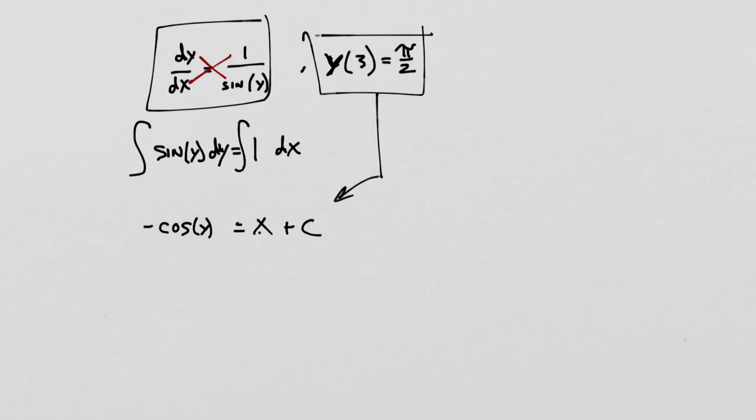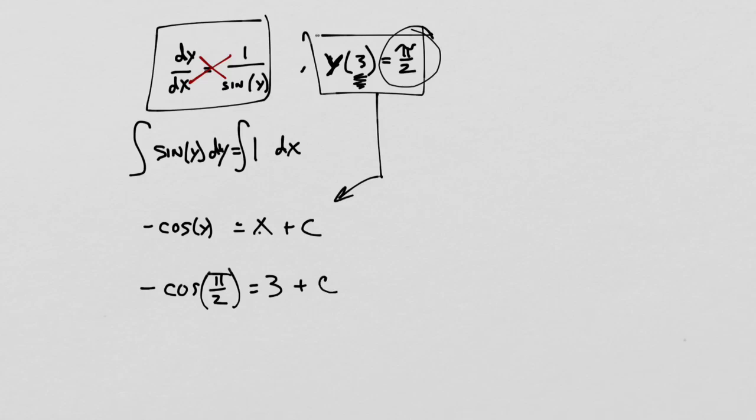And we can actually go ahead and deal with this thing now. This is saying that when my input of x is 3, the output is pi over 2. I can deal with it now, or I can deal with it after I've made this the arc sine. But I'd rather just deal in terms of regular cosines. So let's make this the negative cosine of y, which is pi over 2, equal to x, which is 3 plus c.